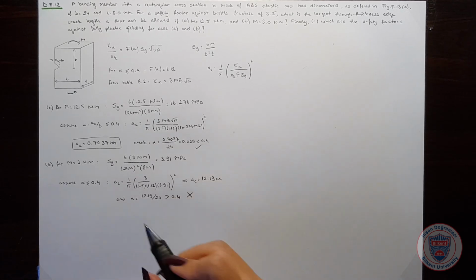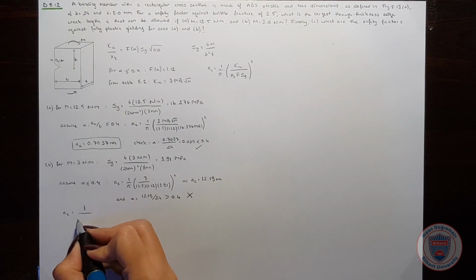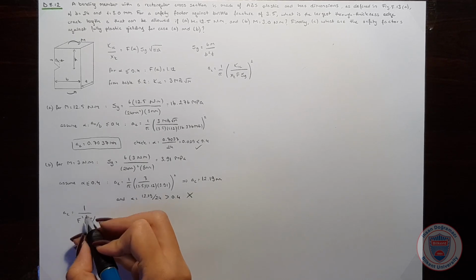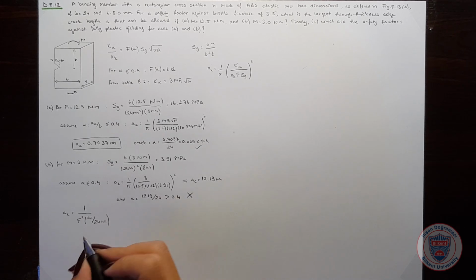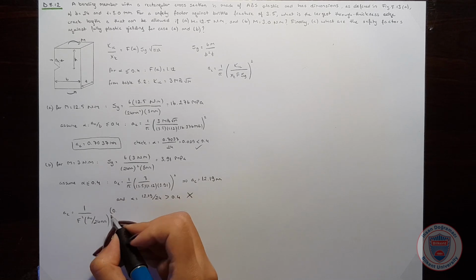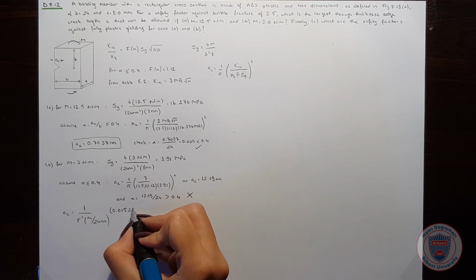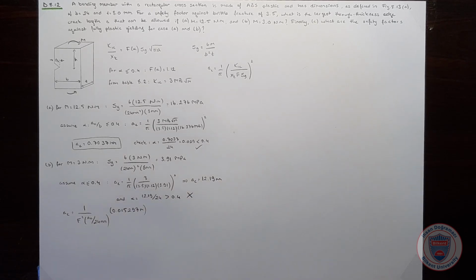So we won't be able to use this assumption, and we should solve a_c is equal to 1 over form factor squared, and we know that's a function of alpha, times the rest of the equation, which is equal to 0.015297 meters.